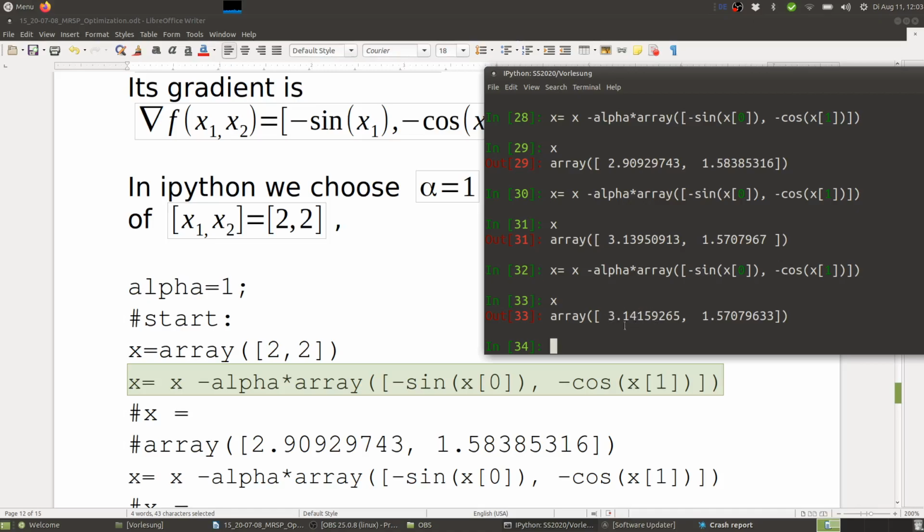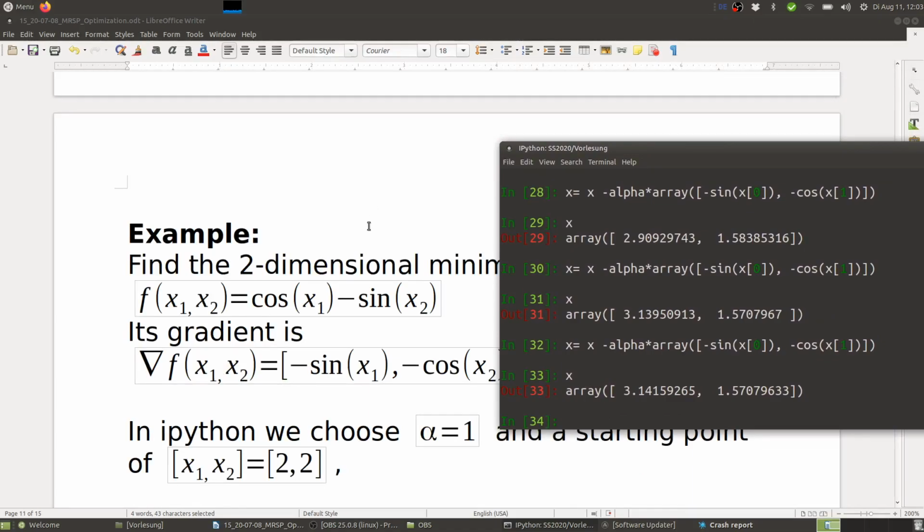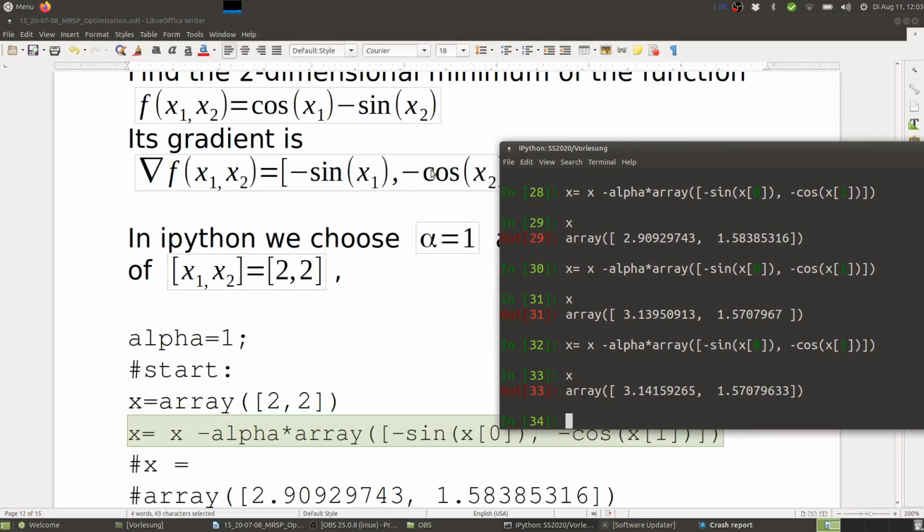So here you can see pi is the minimum of minus sine, right? So that fits. And here we have pi over 2, and actually, yeah, this is the function. So pi is the minimum of the cosine here, right? And for minus sine of x2, here we can see pi over 2. We have the minimum of minus sine of x2.